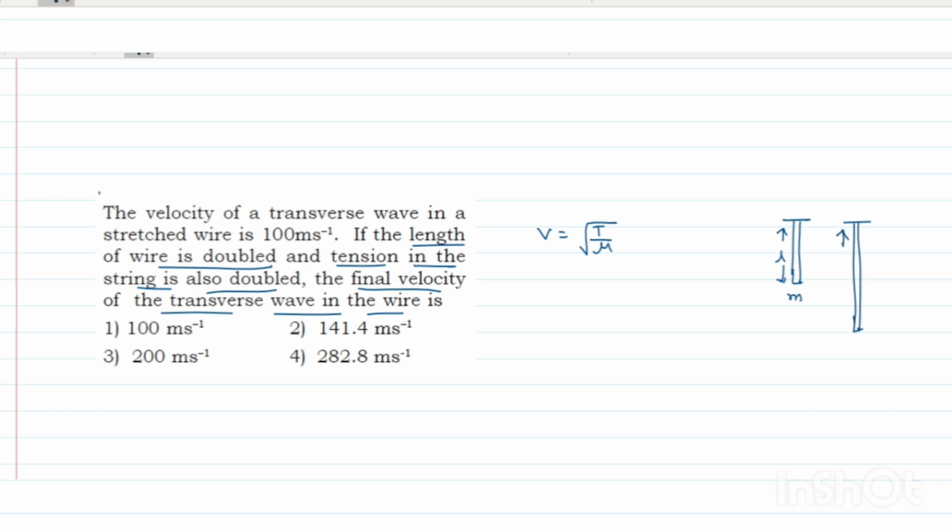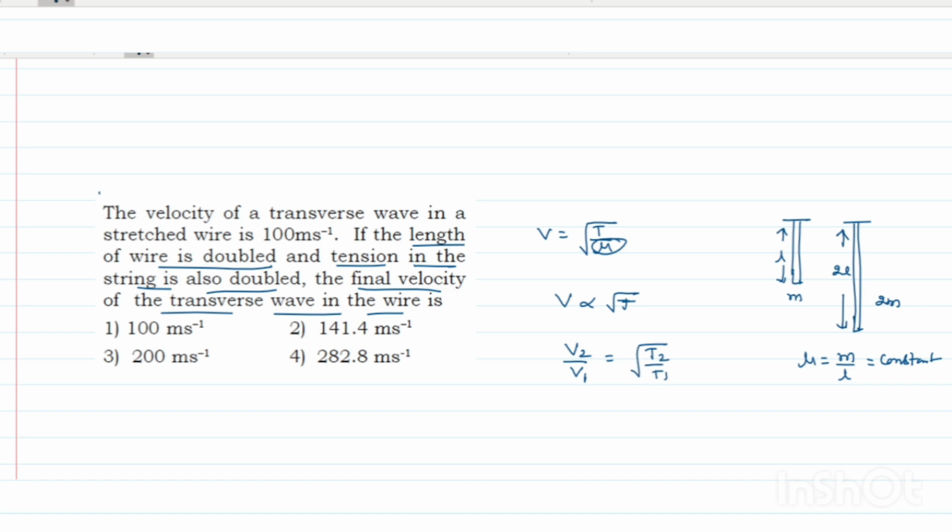Then the length becomes 2l, and the mass also becomes 2m. So the linear mass density, the mass per unit length, stays the same: if length increases, mass also increases, so mu always remains constant. Then v is directly proportional to root T. Calculate v2 by v1, which is root over T2 by T1.